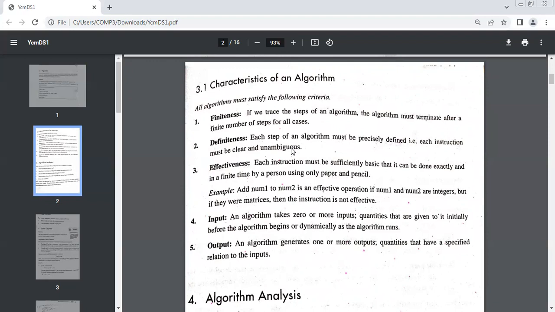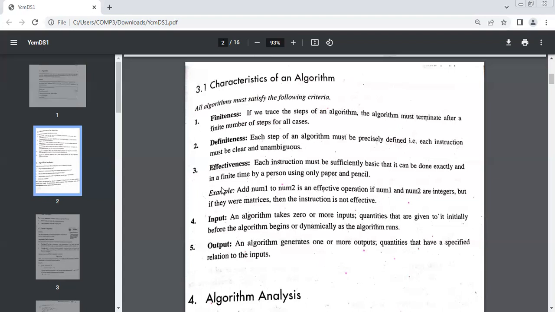Now the next one is effectiveness. Effectiveness means each instruction must be sufficiently basic that it can be done exactly and in finite time by a person using only paper and pencil.